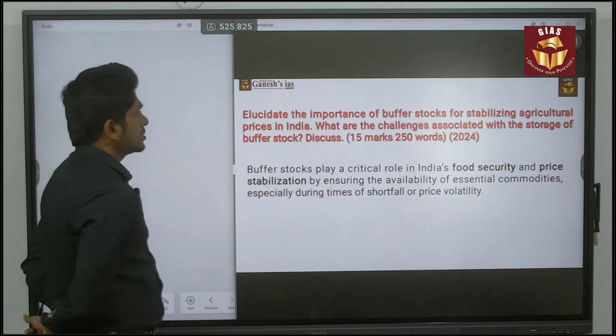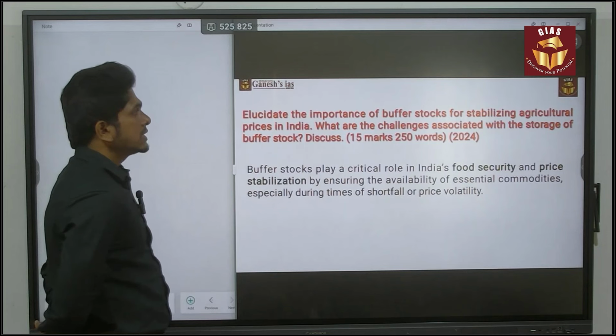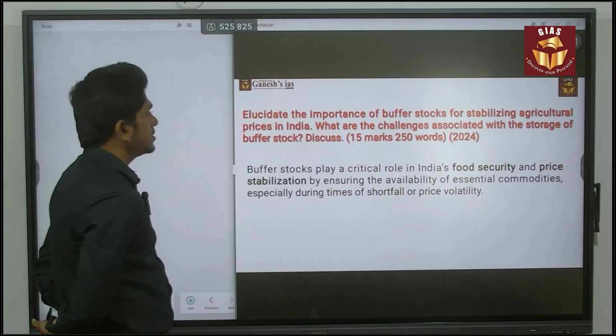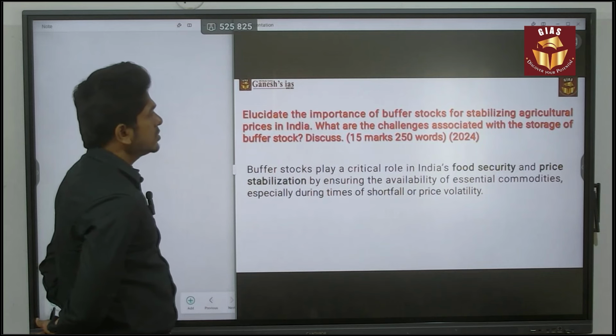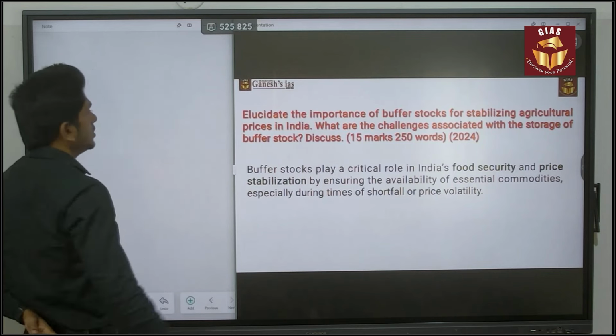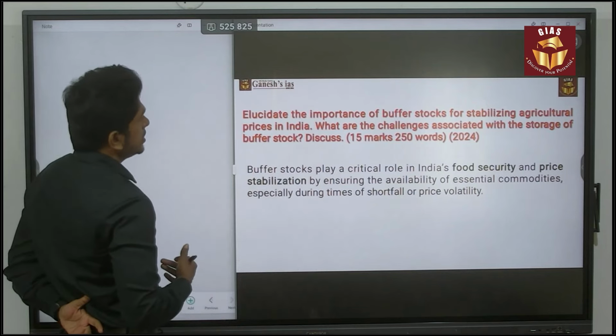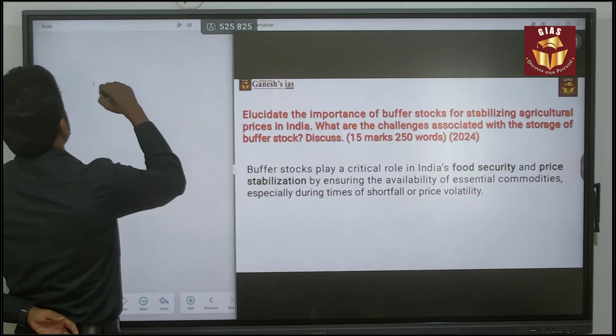Here the question is: elucidate the importance of buffer stocks for stabilizing agricultural prices in India. What are the challenges associated with the storage of buffer stock? Discuss.